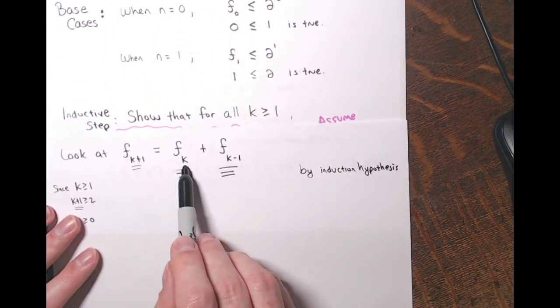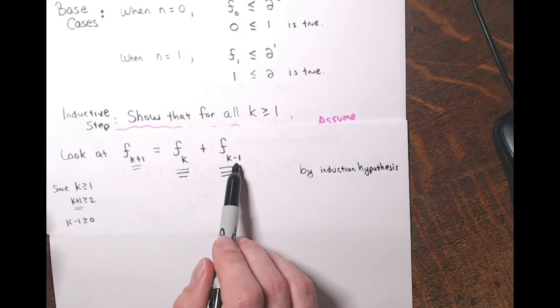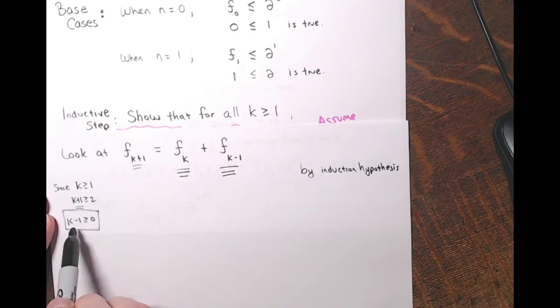So k minus 1 would be from 0 to k, right? That's why we needed that first base case, because I want k minus 1 to be from 0 to k.